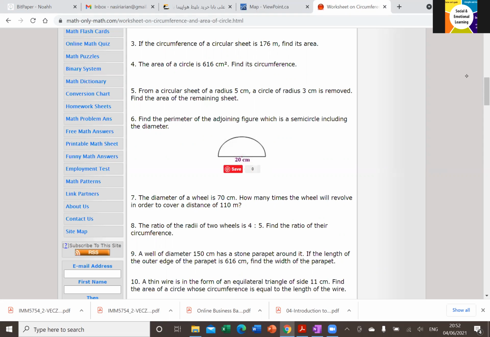Now, how? Question number 3 says, if the circumference of a circular sheet is 176 meters, find its area.